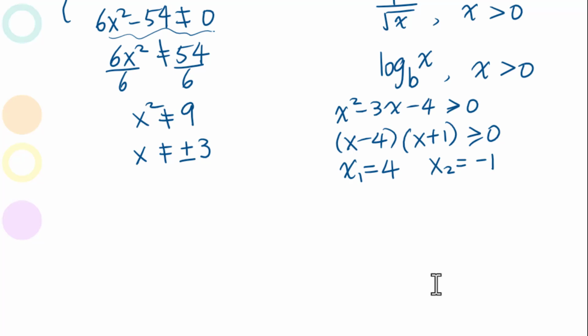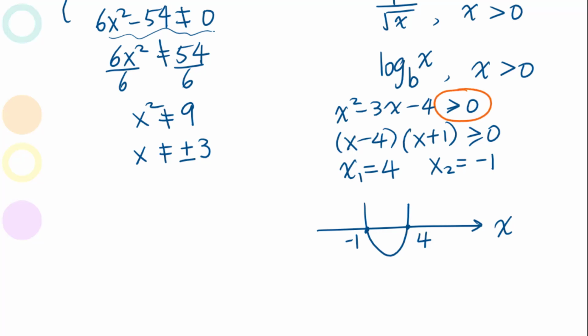For x squared minus 3x minus 4, the graph opens up. This is the x-axis, negative 1 and 4. We are looking for greater than or equal to 0, which means above the x-axis. So this is the answer.